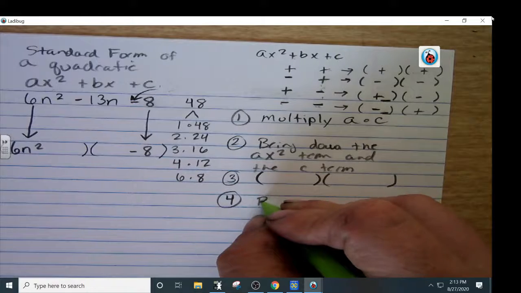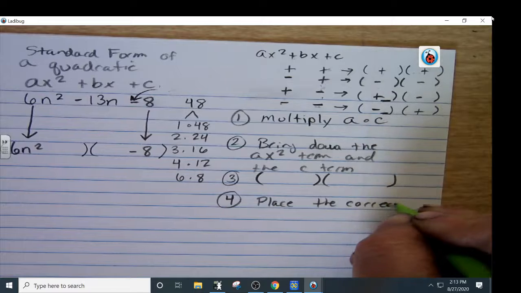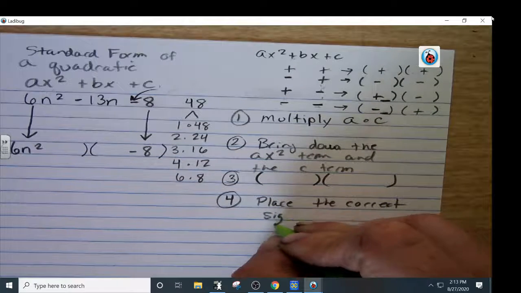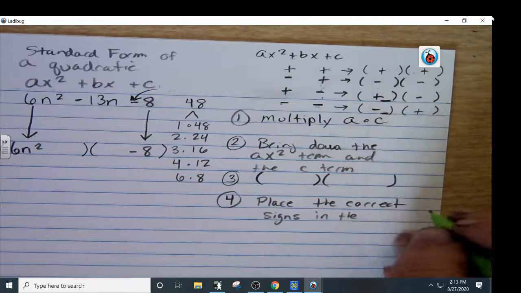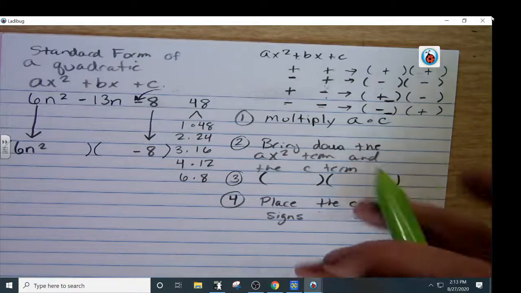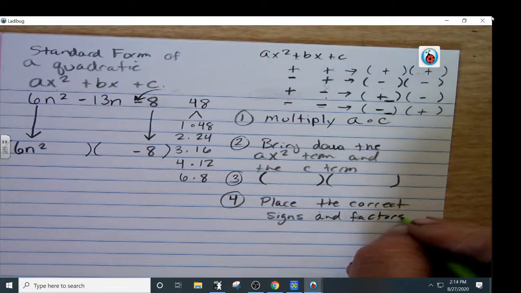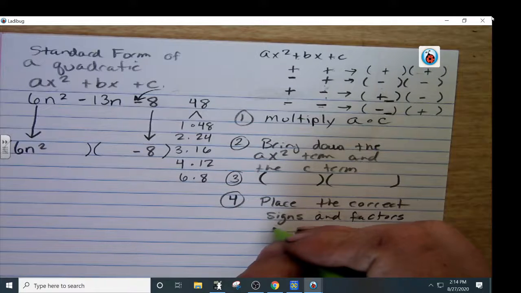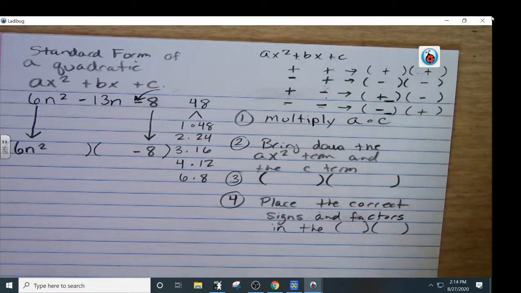And then step 4 is place the correct signs and factors in the parentheses.